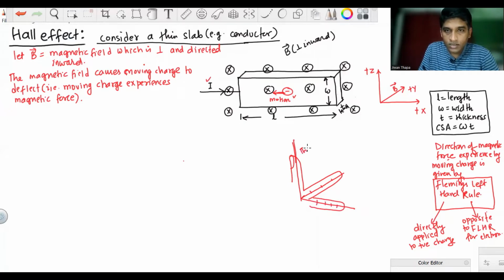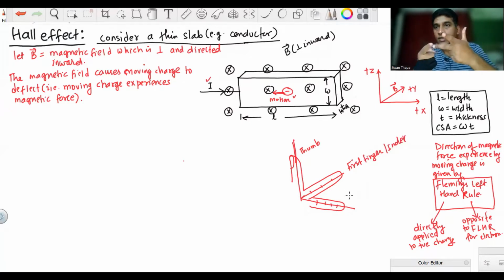So this is thumb, this is first finger, or it is also called index finger, and this is the central finger, okay.